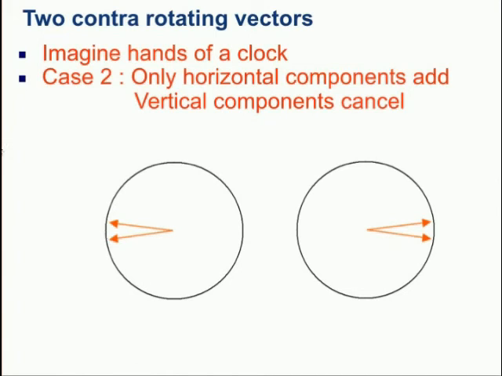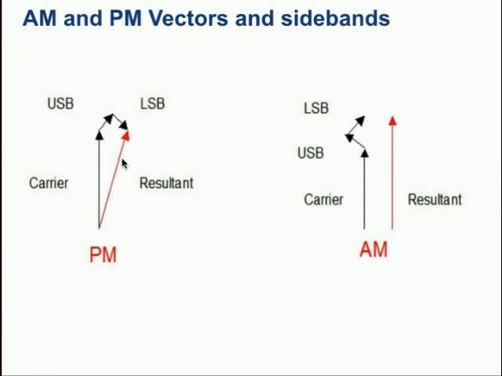So we can see that depending on the phase relationship of the sidebands, we can produce either AM or PM. So it's like this on the vector diagram. Of course, if you have just one sideband, then it will produce both AM and PM.